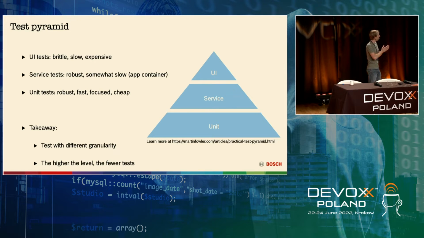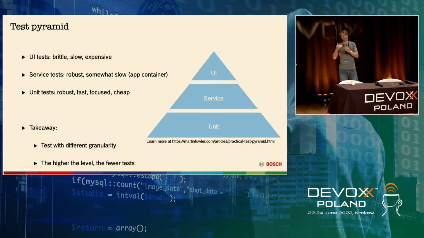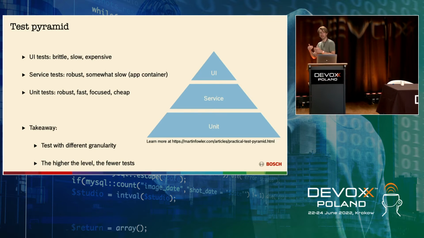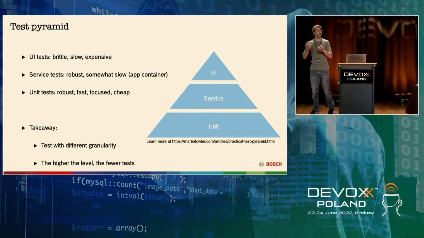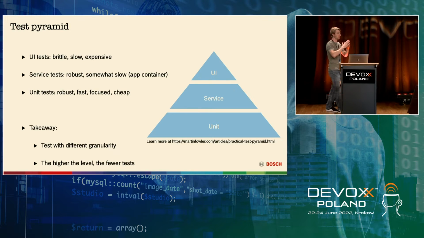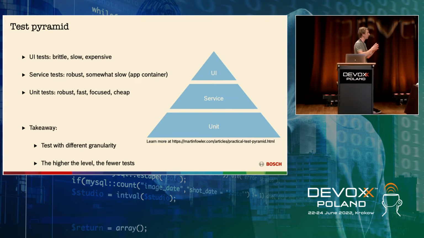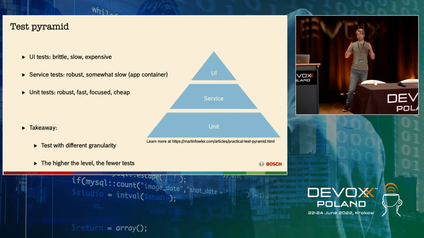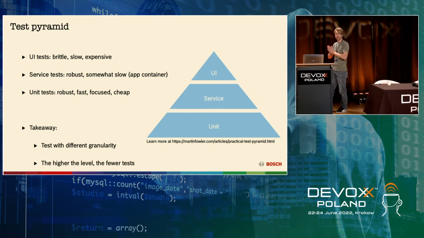And the farther to the top you get in the pyramid, the more expensive the tests get and the more brittle they get. And that's why you have this shape where you should have a broad, reliable base of tests that run really fast. And then as you get to the top, it gets narrower and fewer.